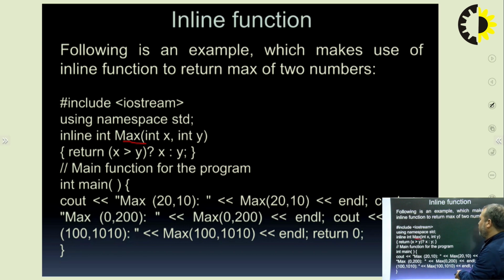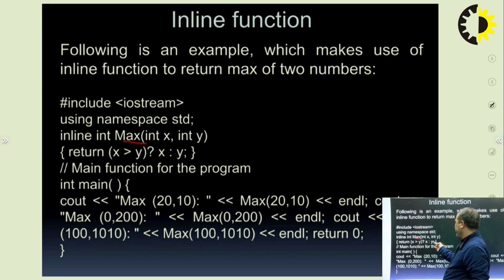Okay, so we make the max function inline, and simply we can write this max. We are going to find the maximum between two numbers. So we simply pass 20 and 10, and the definition of max is already here, right?